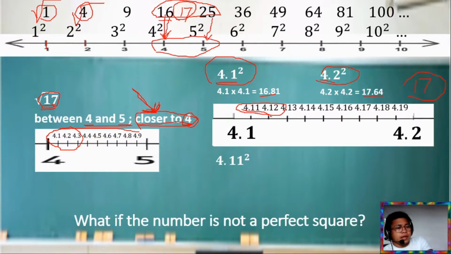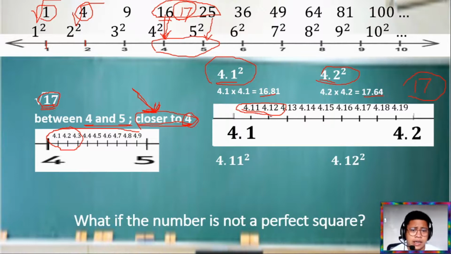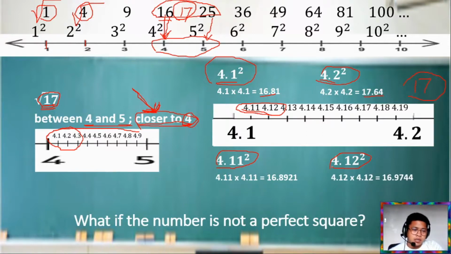Subukan nating i-multiply si 4.11 at si 4.12 sa kanyang sarili. Simulan natin kay 4.11. 4.11 times 4.11 to have 4.11 square, which is equal to 16.9321. Dito naman sa 4.12, multiply natin sa kanyang sarili. 4.12 times 4.12 is 16.9744.